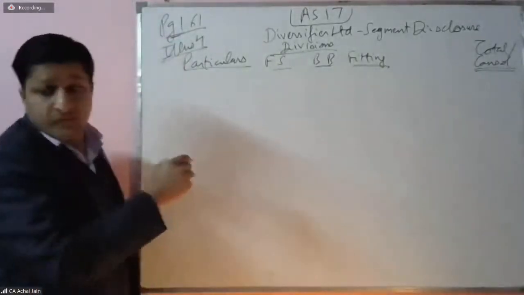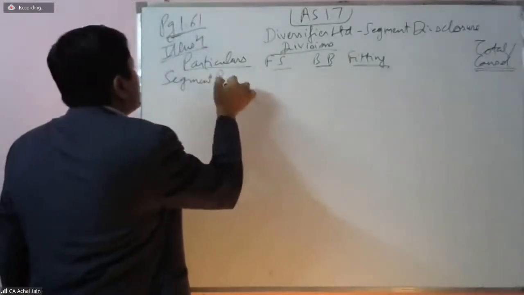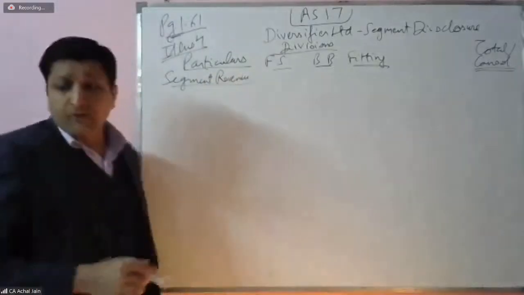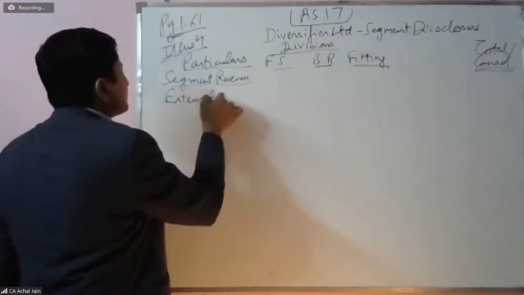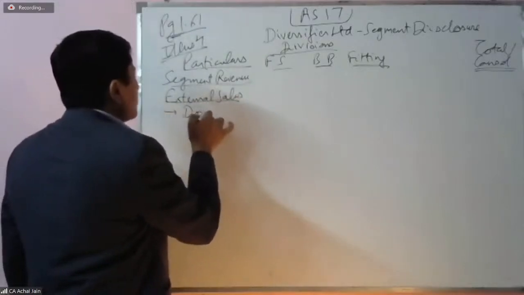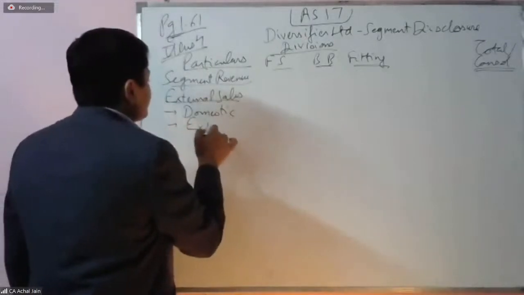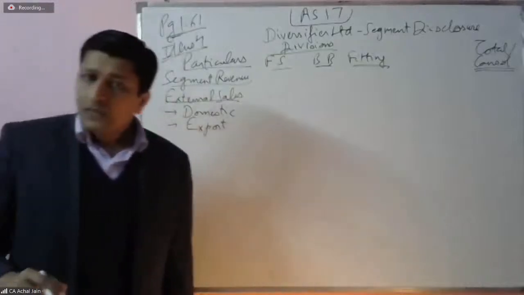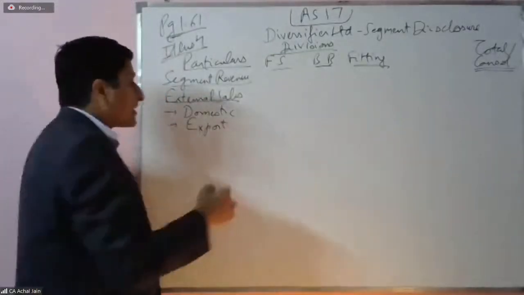So first of all, when we give the segment revenue, what do we include? External sales. External sales in this case are domestic as well as export. And then we have inter-segment sales.